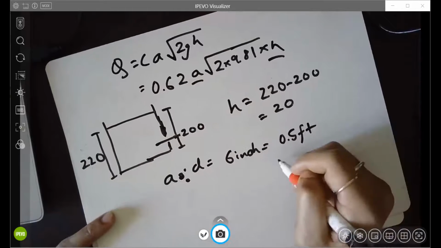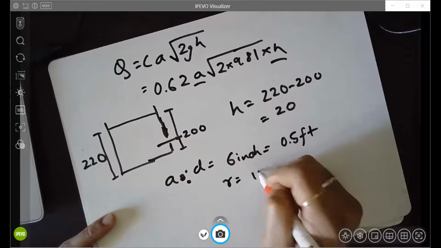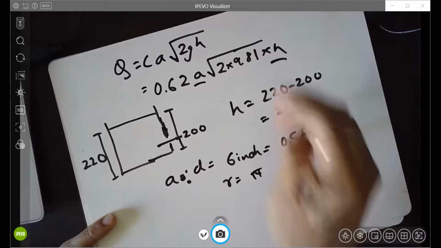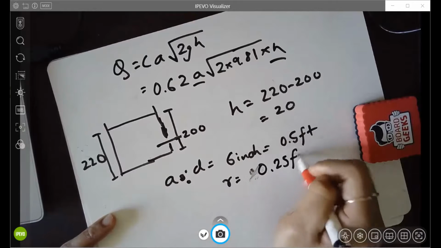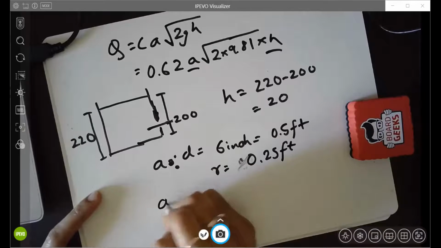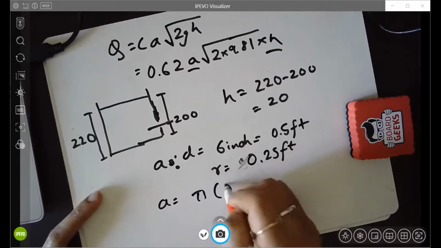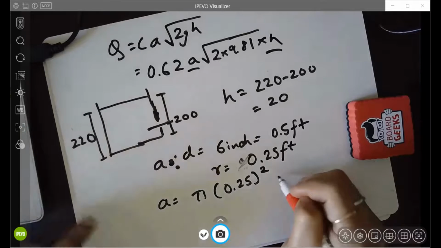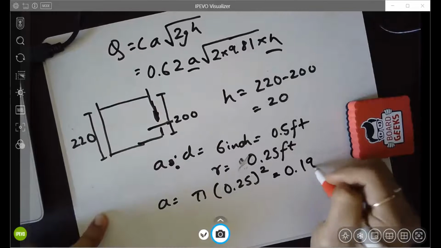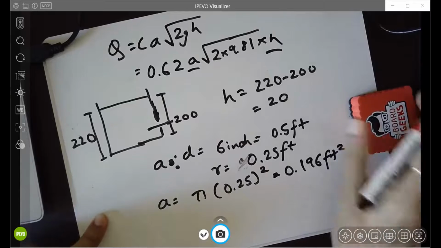So the radius is 0.25 feet, half of the diameter. The area is pi times 0.25 squared, which is 0.196 square.